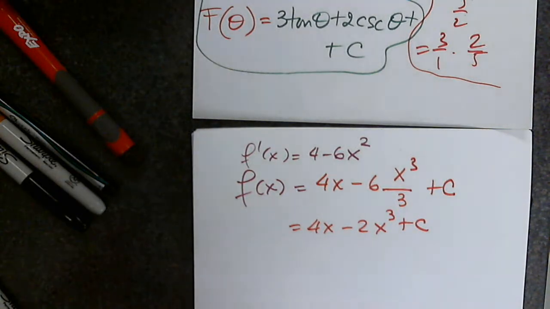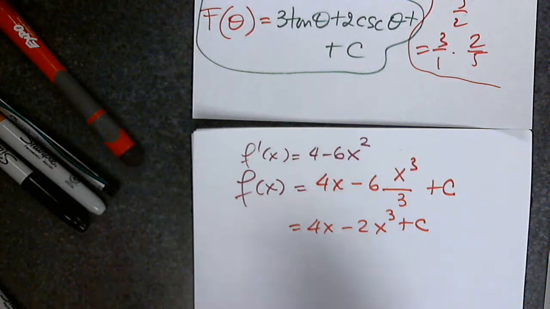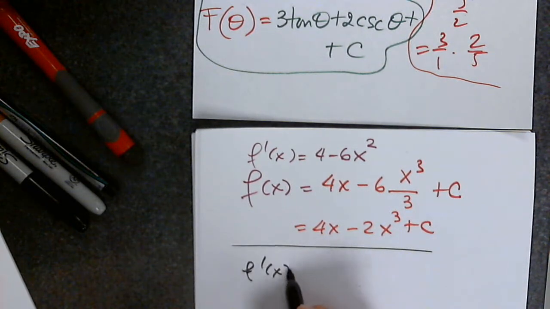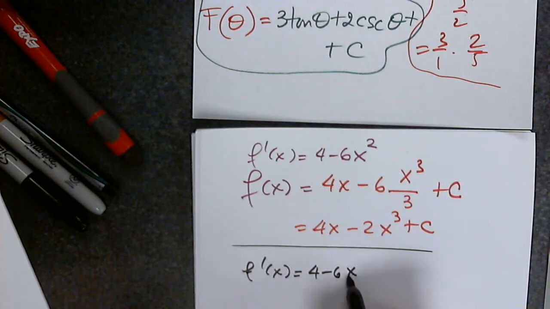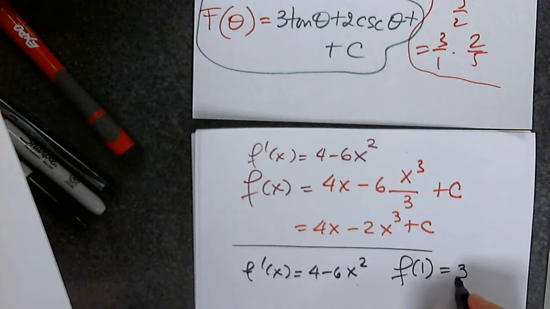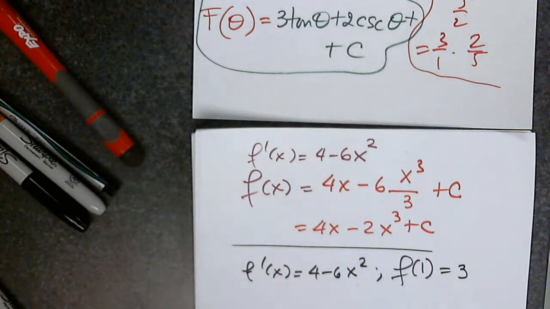Now, in the next example, I am told to find f of x, knowing that f prime of x is 4 minus 6x squared, and I am told that f of 1 is 3. So what's different now? I'm given the same function, and I'm asked to find f of x.